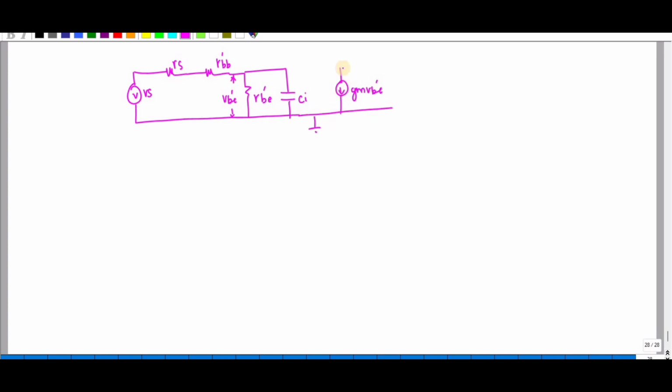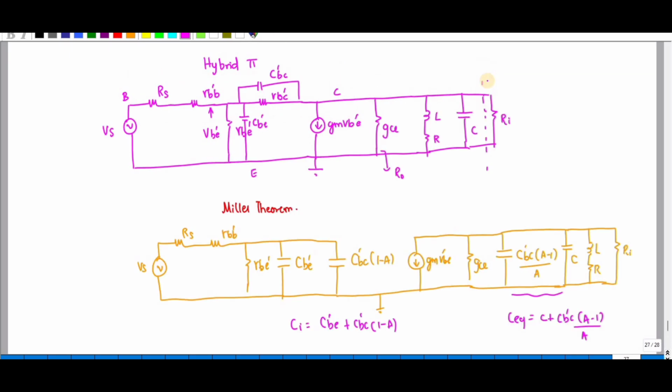This is your emitter and this is your capacitor. The capacitor I am replacing as C equivalent.